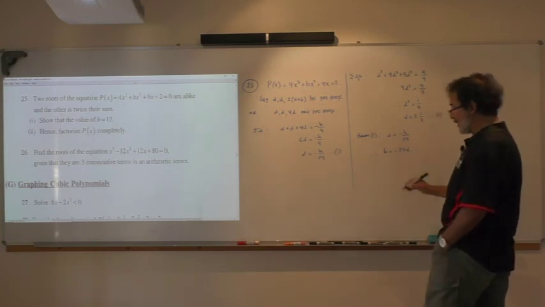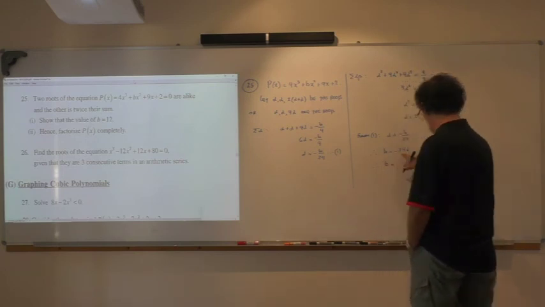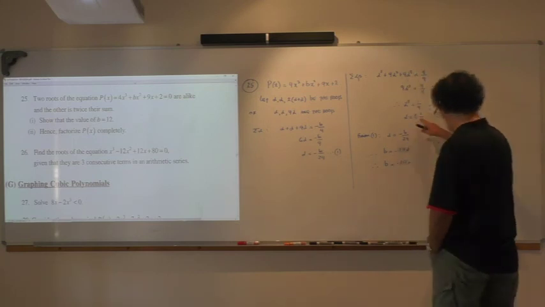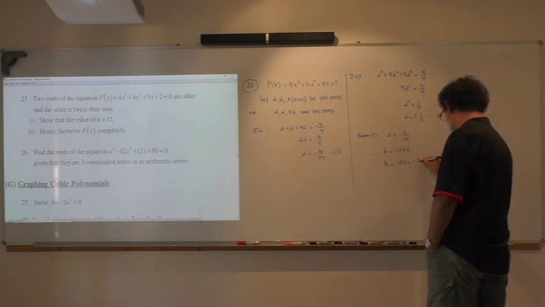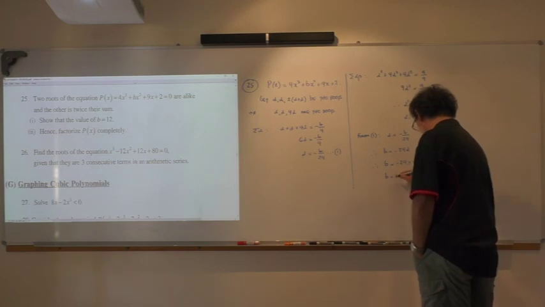Therefore b is equal to minus 24 multiplied by negative half, because that is one of the answers, and that will give us 12. That's what they say.